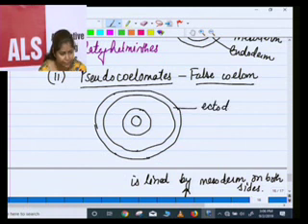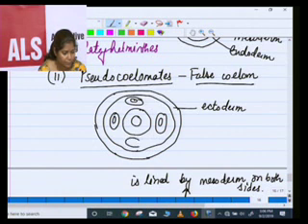Now this is ectoderm. So can you see the difference?